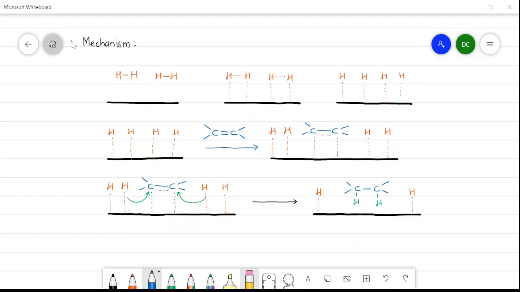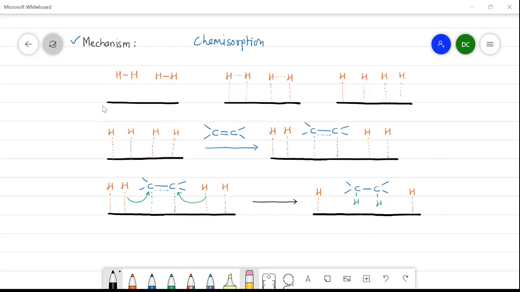The mechanism of hydrogenation is a chemical adsorption process, that is chemisorption. In this mechanism, when the metal surface comes in contact with hydrogen, there is a chemical linkage between the metal surface and the hydrogen. How?